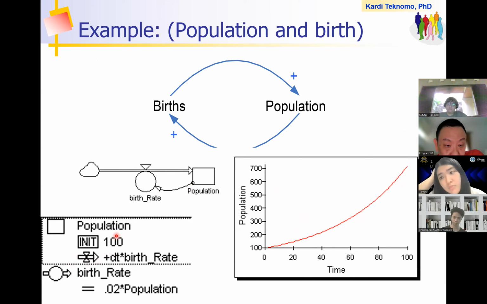All you need to do is put the birth rate, design the rate equation, for example 0.02 times the population here. Then this is generic. The initial value is 100, then of course dt times the birth rate because you connect this one. The level equation is always given. So once you connect, it will generate the equation by itself.